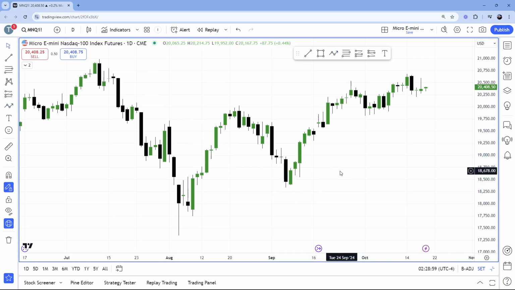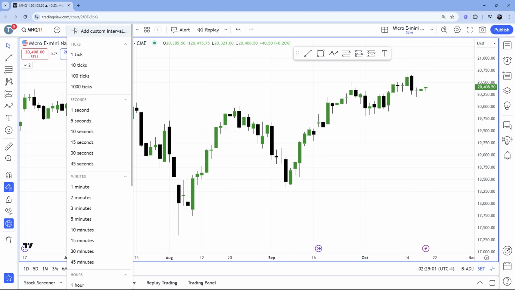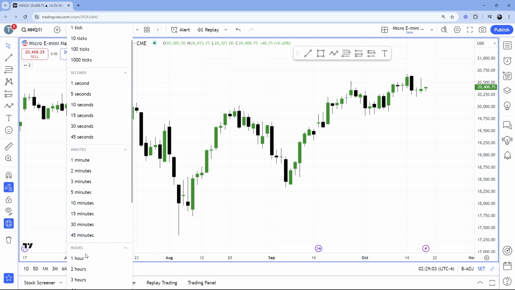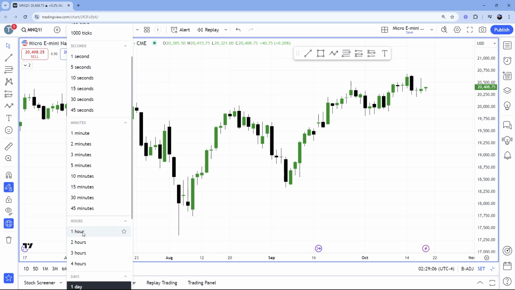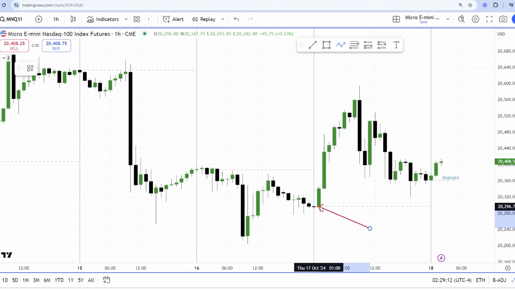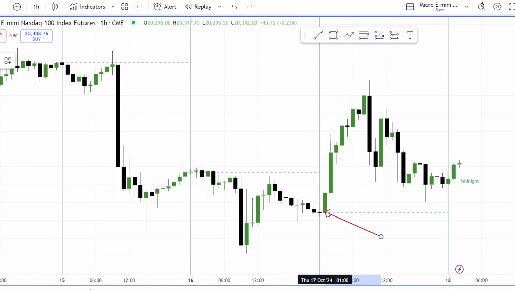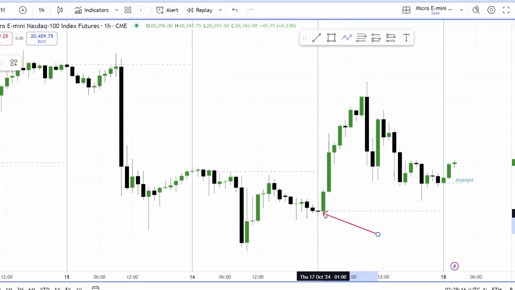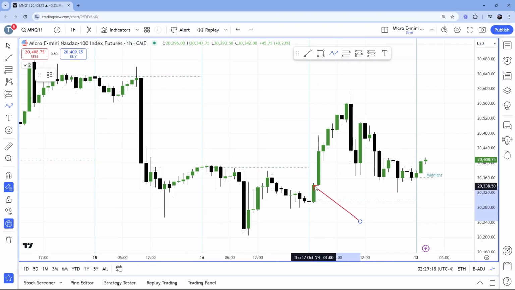Now if I change this into 1 hour, from here if I select 1 hour, then what I see is each candle is an hourly candle. What that means is over here this is New York time 1 a.m. So at 1 a.m. the price has gone up. Then at 2 a.m. New York time, again the price has moved up.